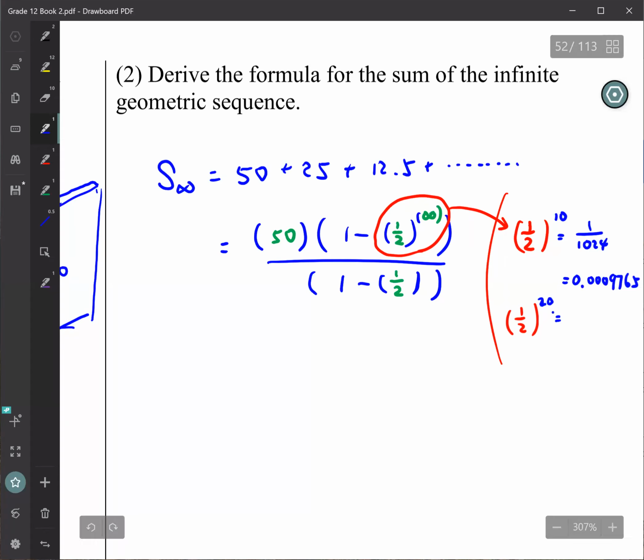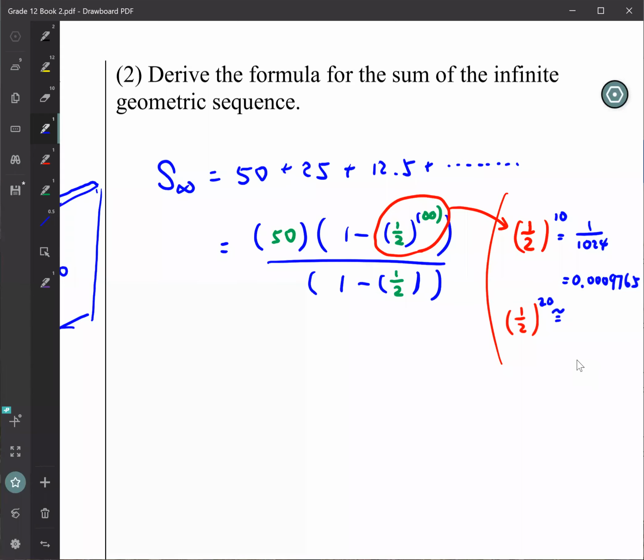Tiana, if the exponent gets bigger and bigger, 1/2 to the 20, what's that answer going to be close to? Any thoughts?